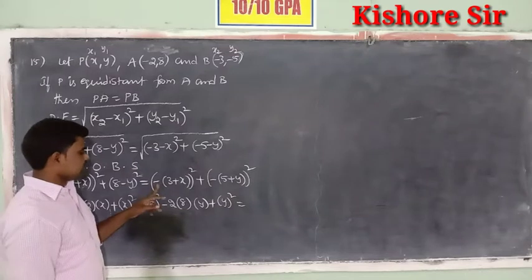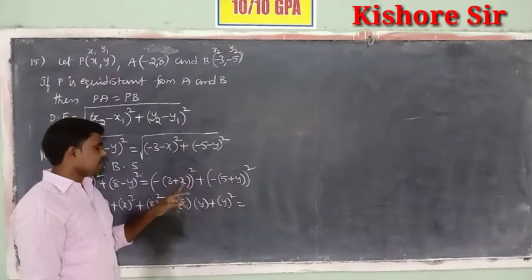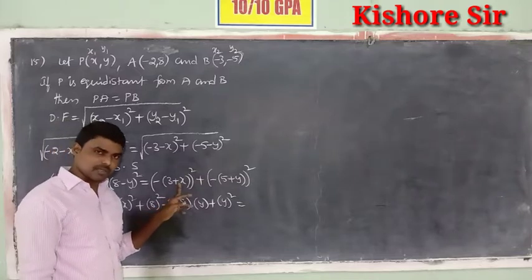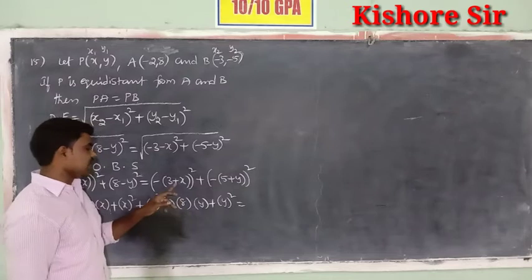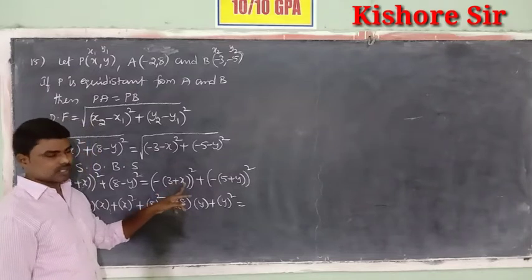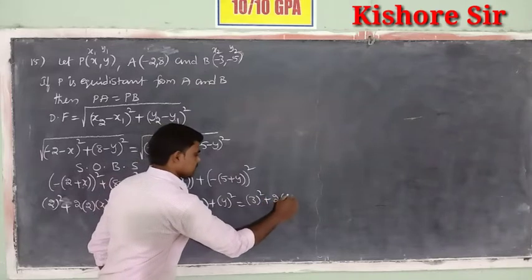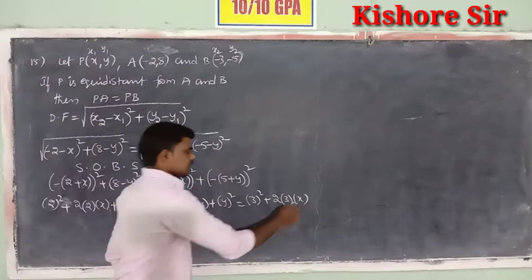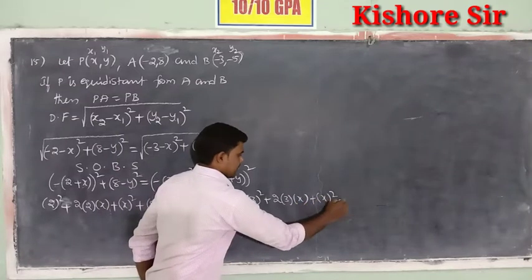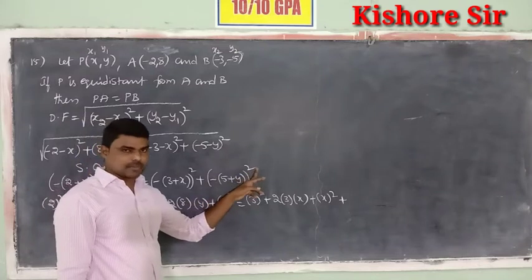so here minus square becomes plus, (a plus b) whole square. This is in the form of (a plus b) whole square, so the formula is a square plus 2ab plus b square. Here a means 3 and b means x. So 3 square plus 2 into 3 into x plus x square, plus, now here also minus whole square becomes plus.